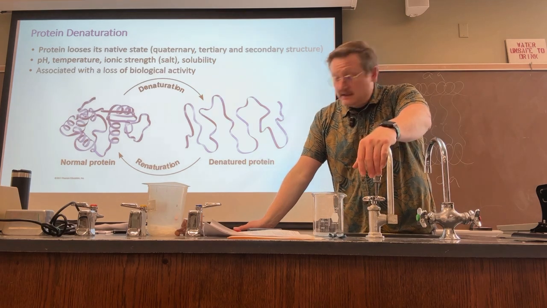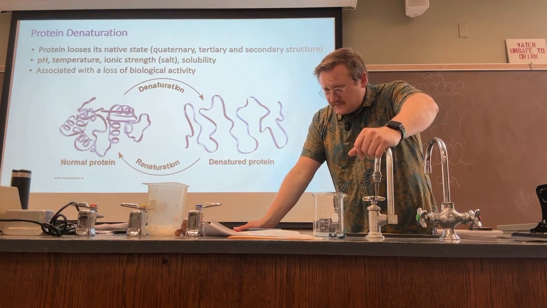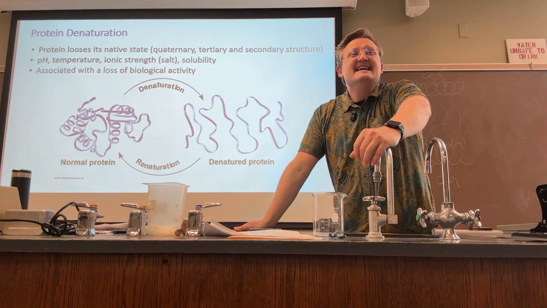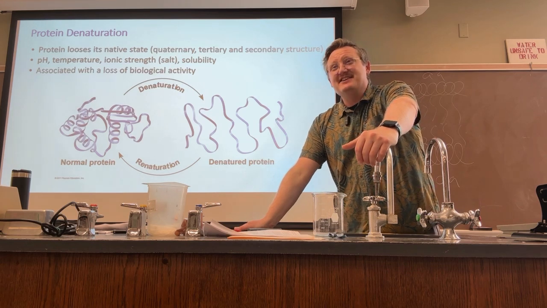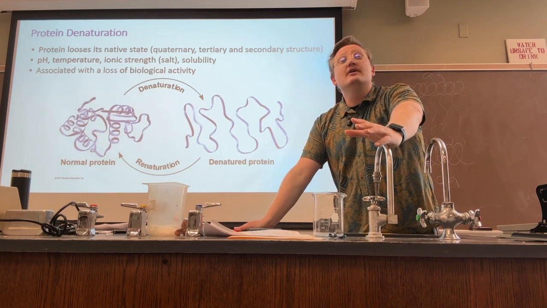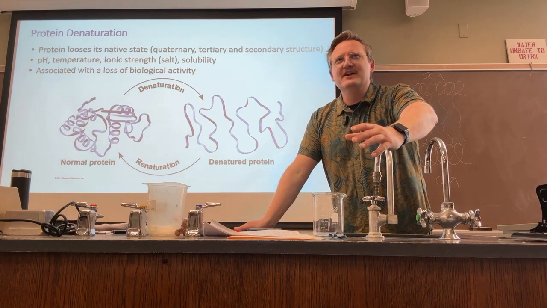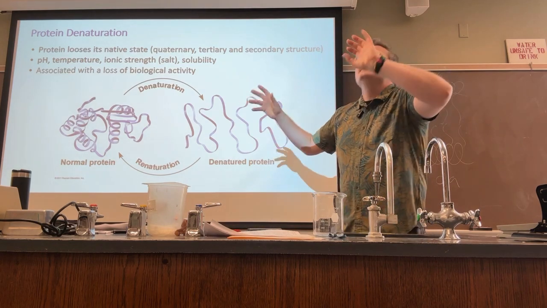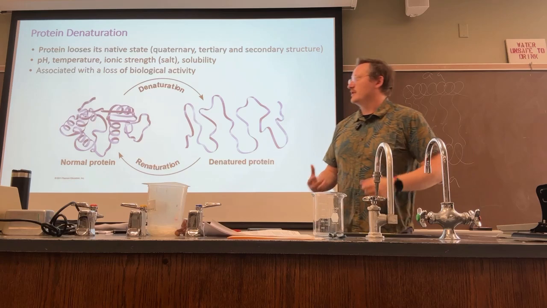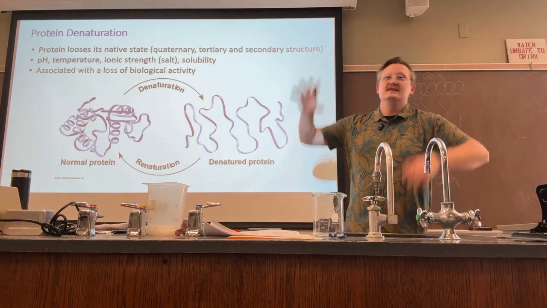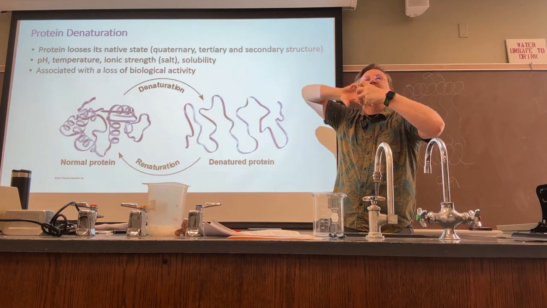So you see how an extreme pH can interfere with those side chain interactions, causing the protein to lose its tertiary structure. It can also interfere with the sorts of interactions that give the protein quaternary structure when those two different subunits are joining together.